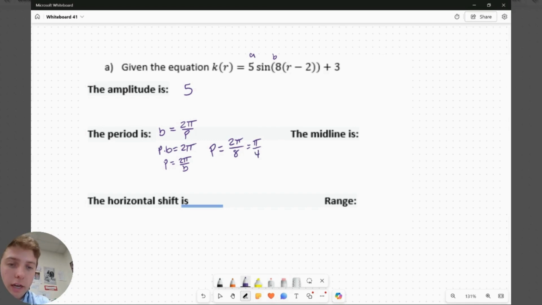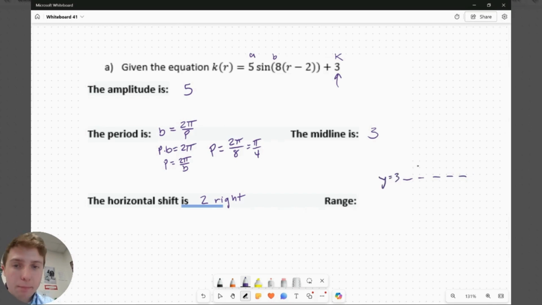The midline, that's just how far up did we shift our graph. Our K value in this case is 3, so we've identified the midline. The horizontal shift, it looks like we went right 2 units. And then we could also find the range. Well, let's think about our graph. So we know the midline is a value of 3, right? This is y equals 3.